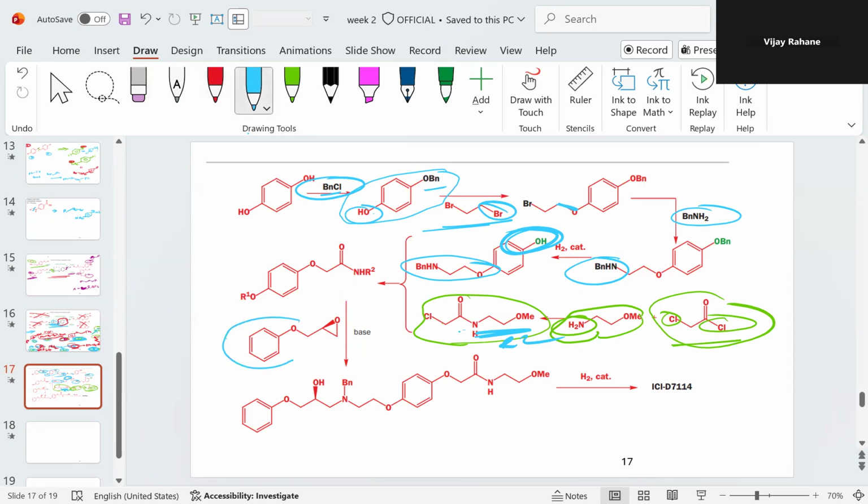So this is the part with the PhCH2, and this is the part with the CH2O directing upward. That part comes from this epoxide, and this is the CH2 group which comes from the CH2 of this epoxide, and the nitrogen. This nitrogen is now here, and this remaining part will be there. And the last step is the catalytic reduction of this benzyl.